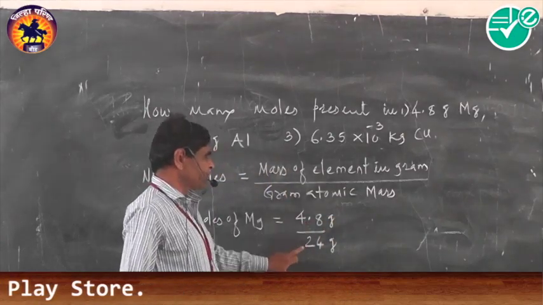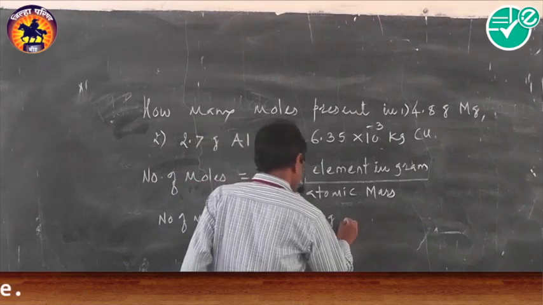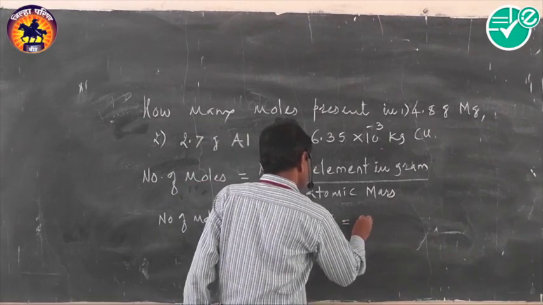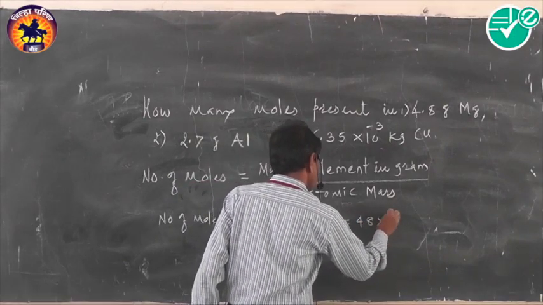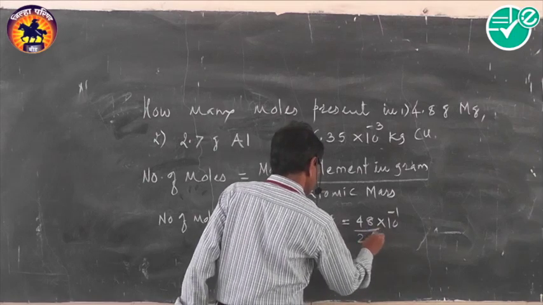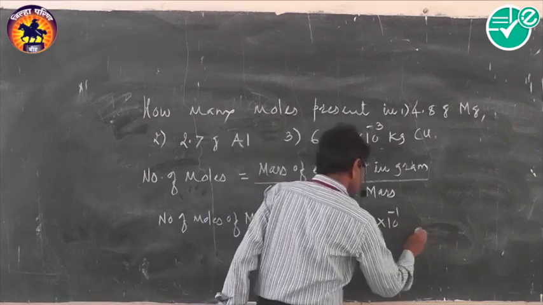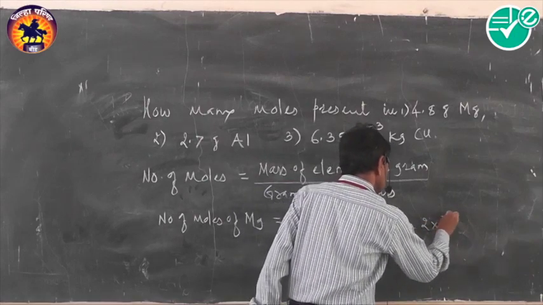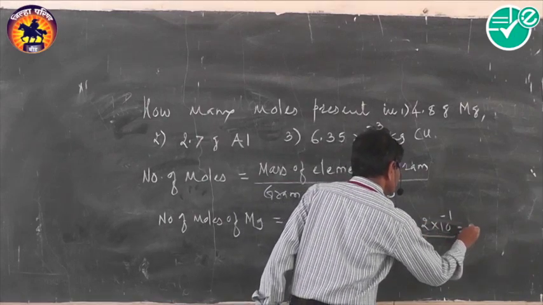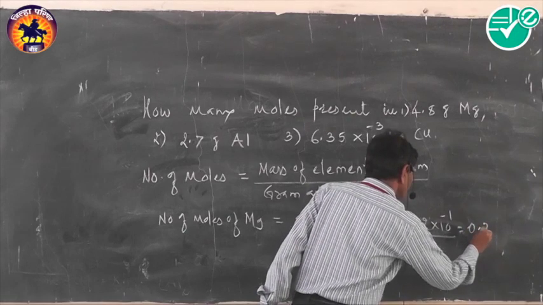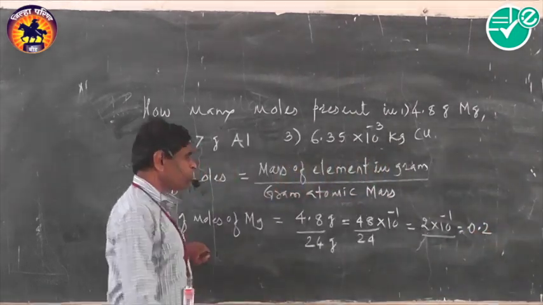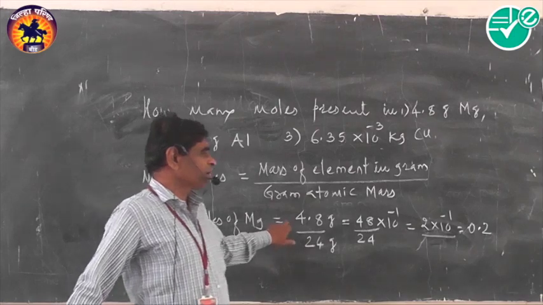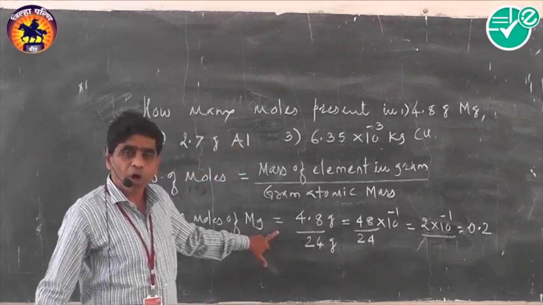So 4.8 divided by 24, or you can write it as 48 into 10 raised to minus 1 divided by 24. And so naturally it is 2 into 10 raised to minus 1, or 0.2. And so 4.8 gram of magnesium corresponds to 0.2 mole of magnesium.